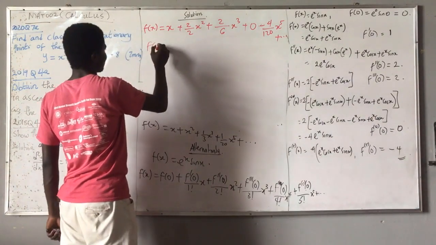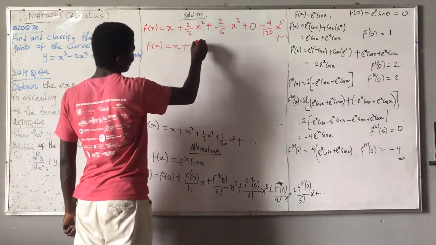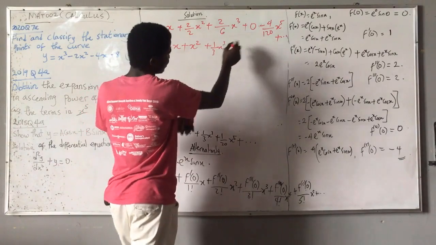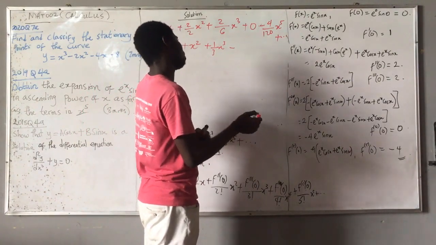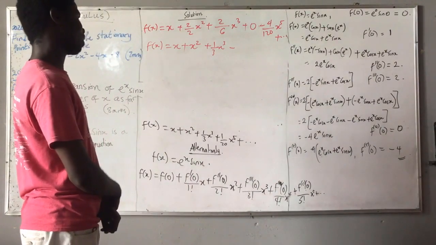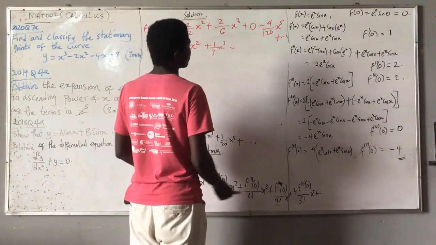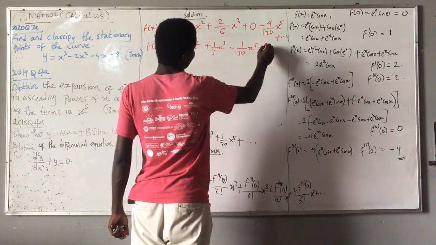So f of s will be equal to s plus 2 divided by 2 is 1, so I'm having s squared. This is 1 over 3 s cubed, because 2 here, 1, 2 here, then this is minus 1 over 30. So I have 1 over 30 here. Minus 1 over 30 s to the power 5.